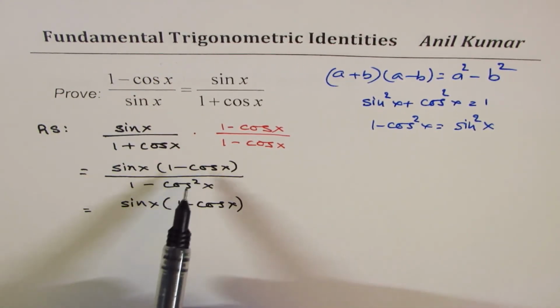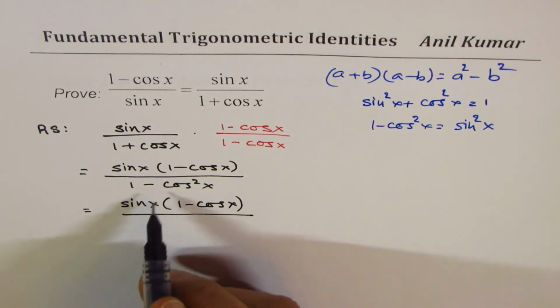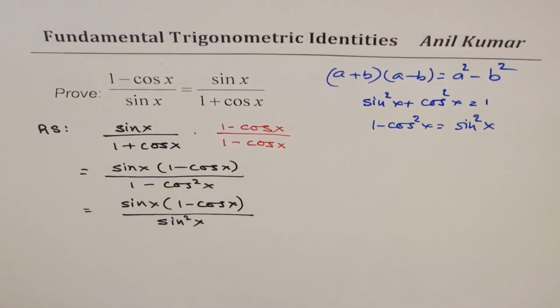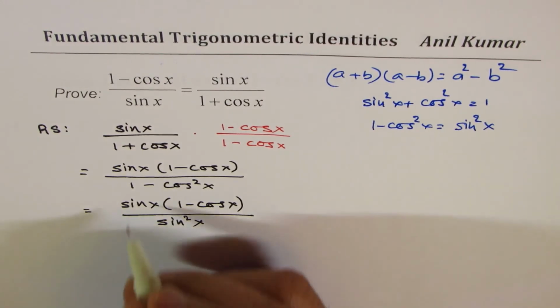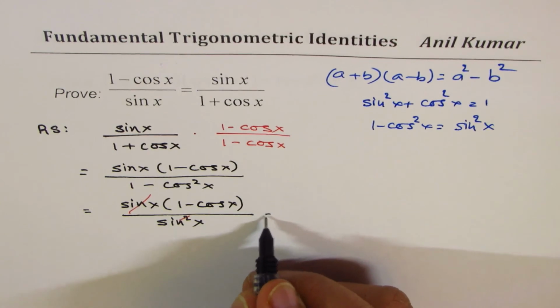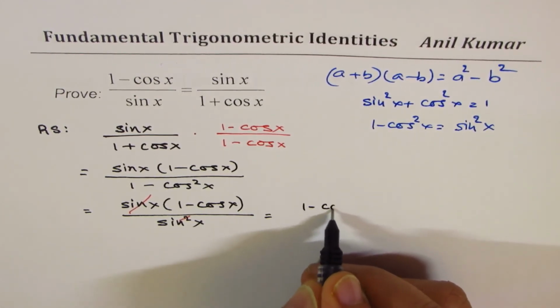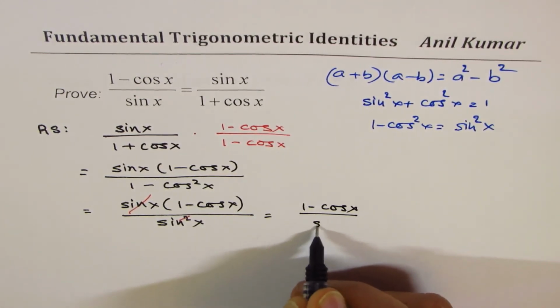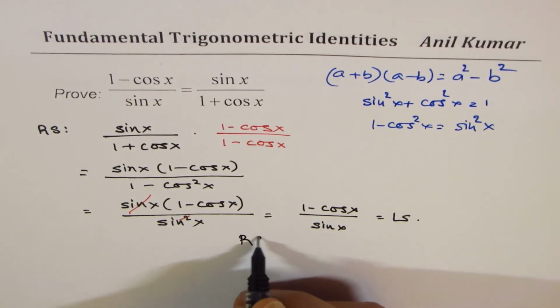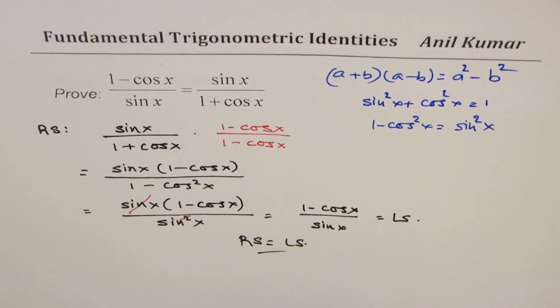We didn't open this. Do you see that? And the denominator could be written as sin square x, 1 minus cos square x. Now one of these get cancelled. We are left with what? What we need, which is 1 minus cos x over sin x, the left side. Is it okay? So we have again showed right side equals to left side, and so the identity has been proven, right?